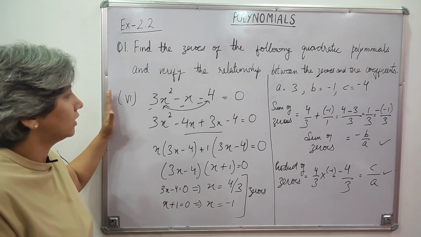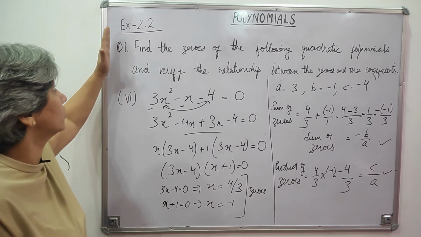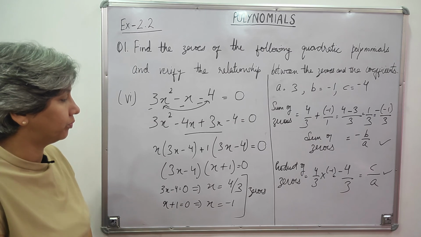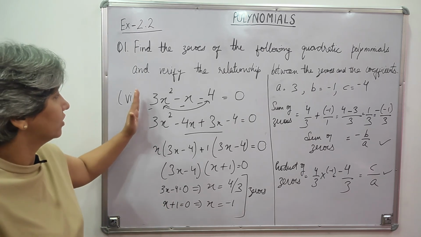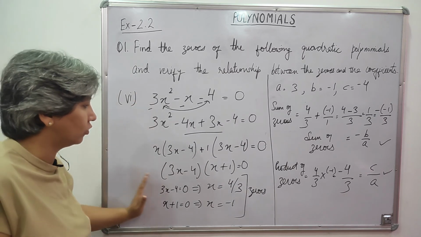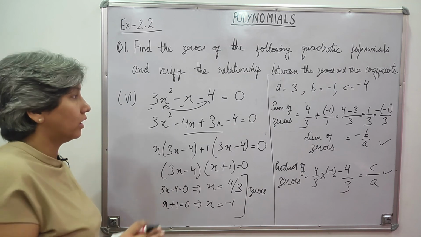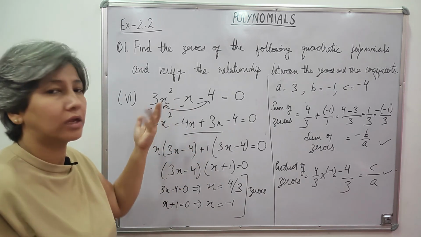So with this we are done with our 6th question, and our first question of 2.2 is complete. I hope it's all clear to you. I'm sure it must be all clear to you. Very easy. We're just splitting the middle term to find out the zeros if there's a chance to split. If even simpler, we can solve it just by taking common.